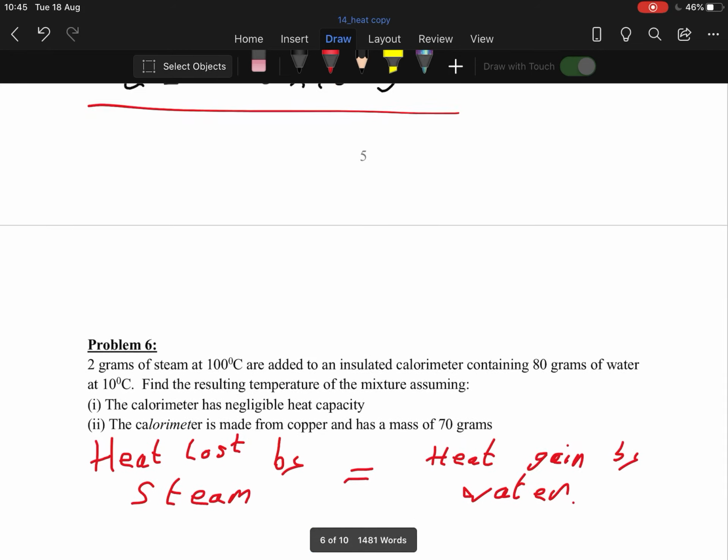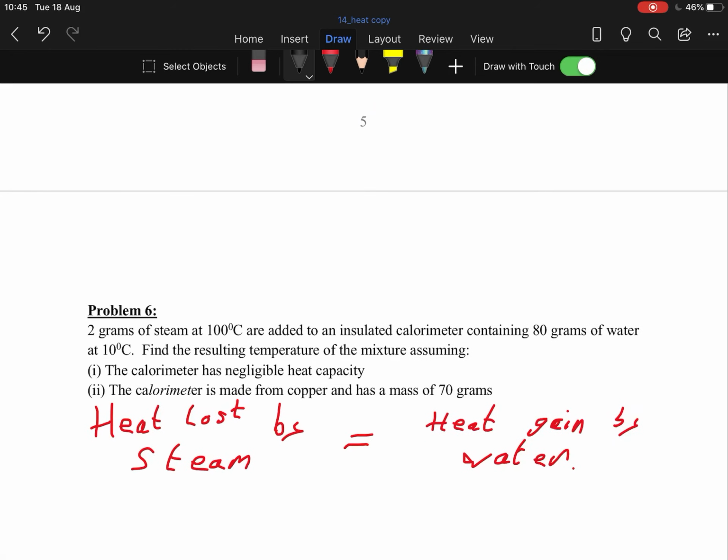Now we start on the left hand side and we look at our equation. So we have steam at 100 degrees Celsius and we're going to put it into water. What's the first thing that's going to happen to that steam? It's going to have to change state. So mass of the steam, latent heat of vaporization. We now have water. Once it changes state, there's no change in temperature, so that water is 100 degrees Celsius. So what's going to have to happen?